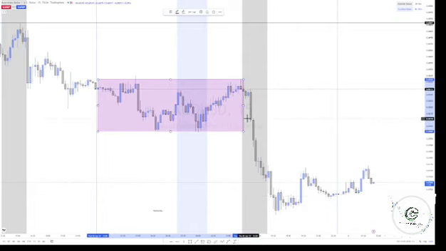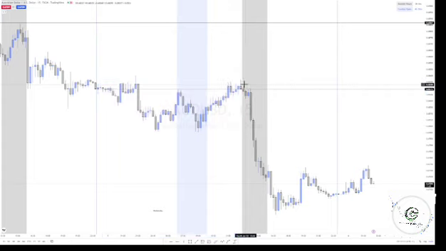Now, pay attention. From here, from the daily open to New York, there was constant price oscillation. In other words, highs were being taken out. For example, you see this high here? I think this was not taken out, right?